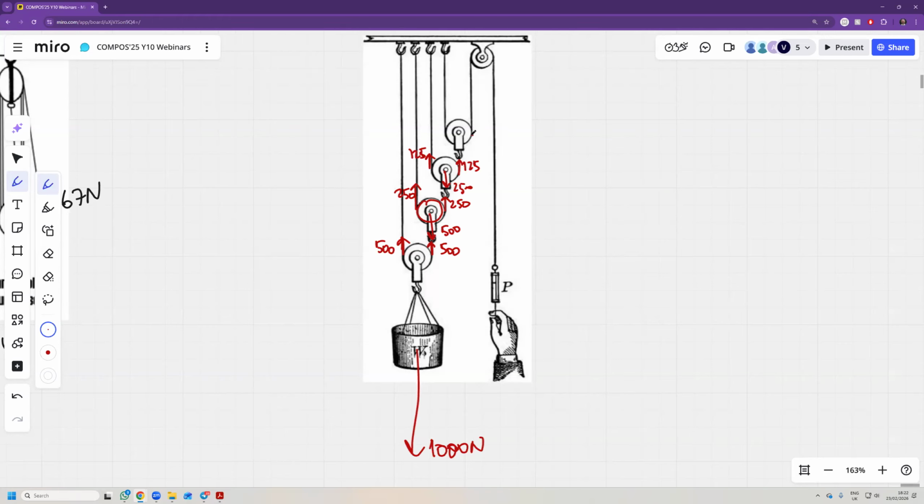And once again, this is being pulled by 125, so that's 62.5 and 62.5. And because along this rope the tension is the same, this force is also 62.5 newtons.